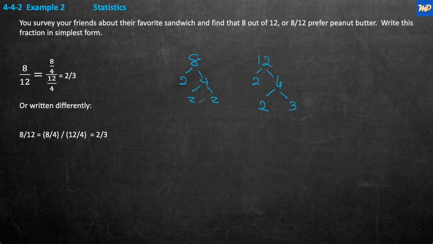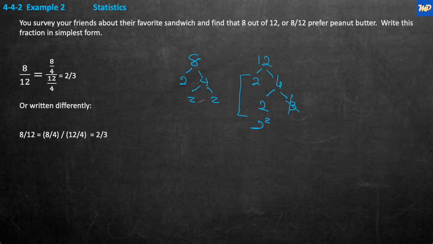And what do we have in common? What are the common factors here, and what's the greatest common factor? Well, we don't have a 3 in both, so the 3 at this point is gone. We don't have to worry about the 3. With the 8, we have 2 times 2 times 2, 3 2's. And the 12, we have 2 times 2. So the greatest is 2 times 2, or 2 squared.